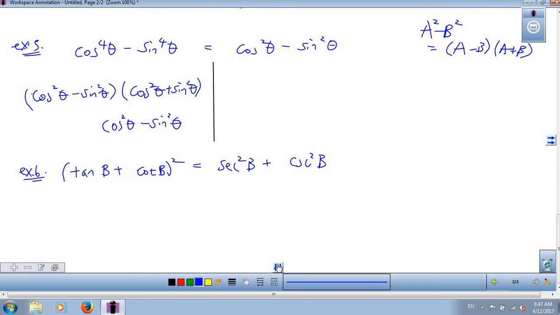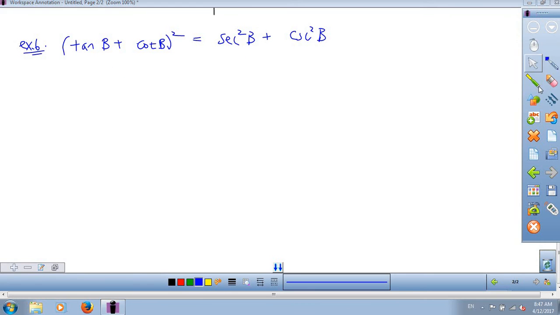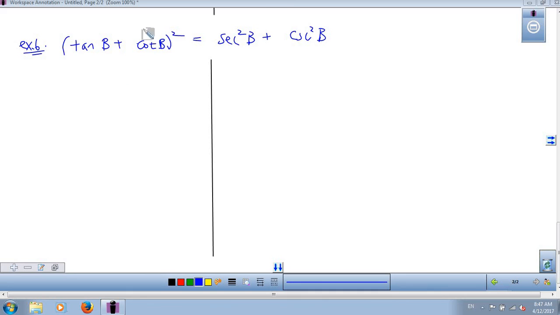So this example number 6 here, you have tangent b plus cotangent b squared equal to secant squared b plus cosecant squared b. Okay, so there are several ways we can approach this. Now we could use the algebraic approach, use FOIL, use the distributive property to expand this term, and then see what happens.